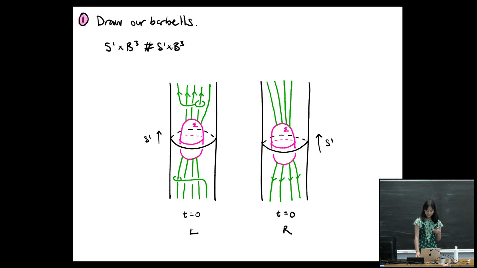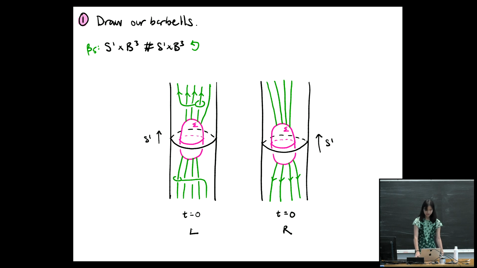Okay, so yes, these are identified. It's like some slice of my S3. Okay, so this guy is beta 5, because we've gone around 5 times, but in general, there's beta k.